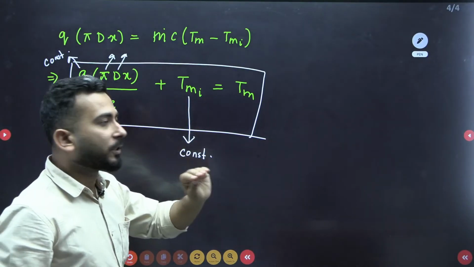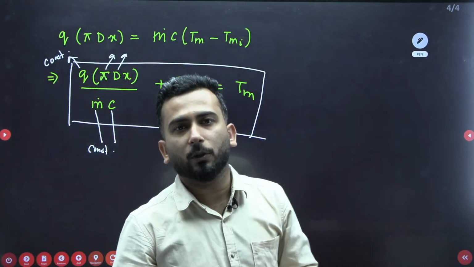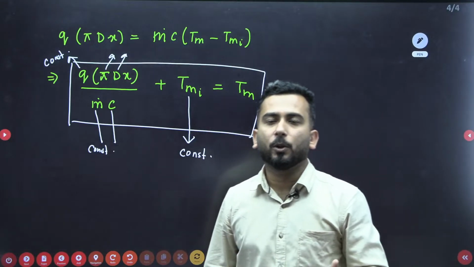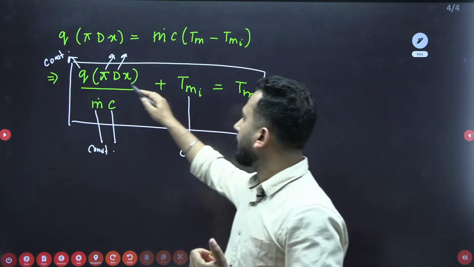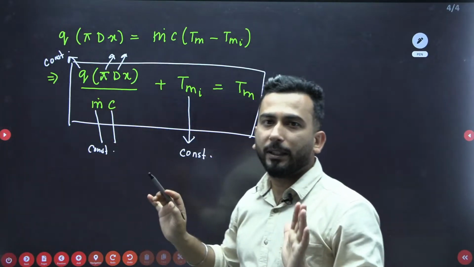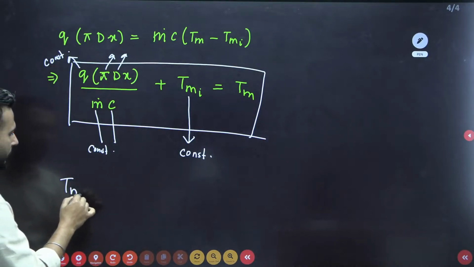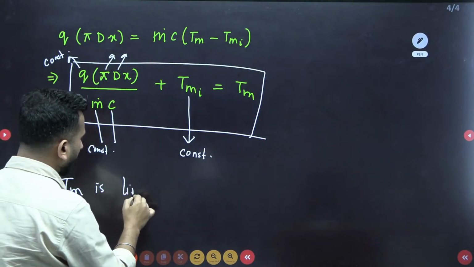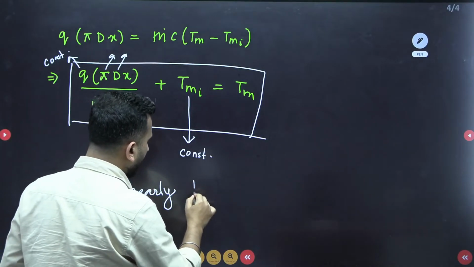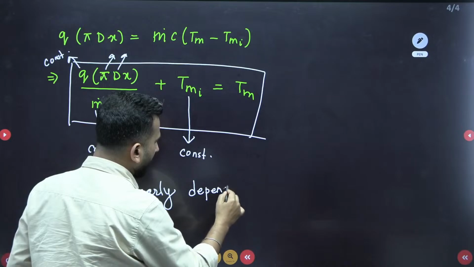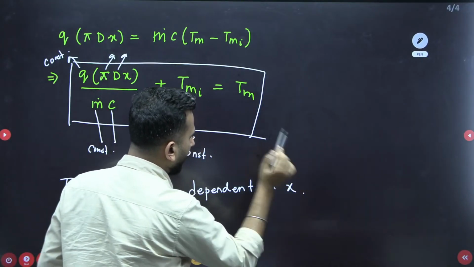So if someone asks you what is the variation of Tm with x, this is what we intend to find out, yes or no? This is what our intention was, that how Tm is varying. So this is constant, this is constant. So I can say very easily that Tm is linearly dependent on x.